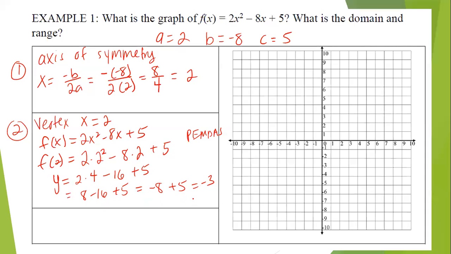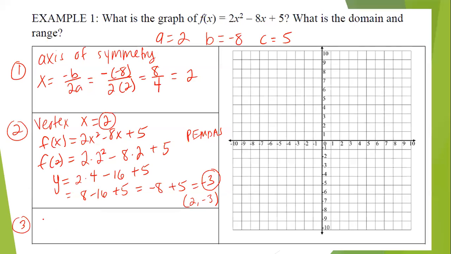So therefore my vertex is at (2, -3). Questions about finding the vertex?